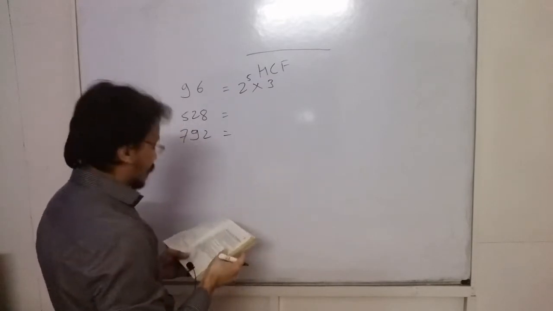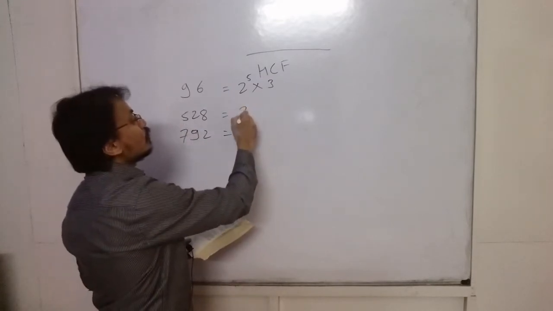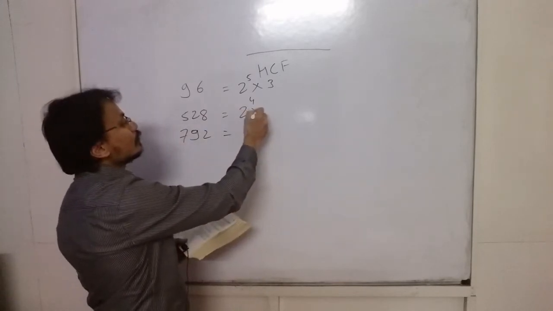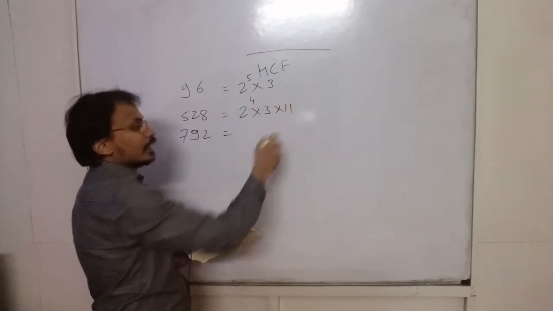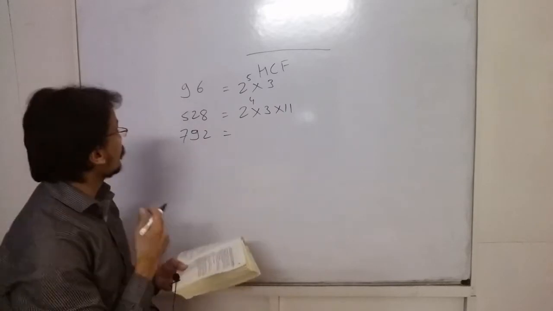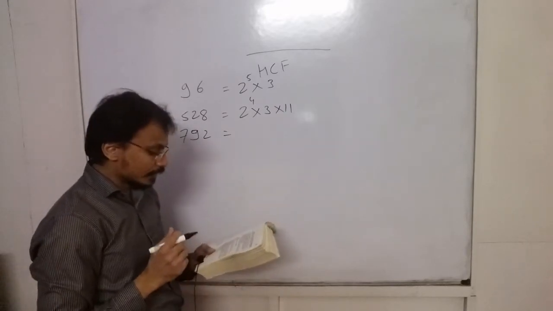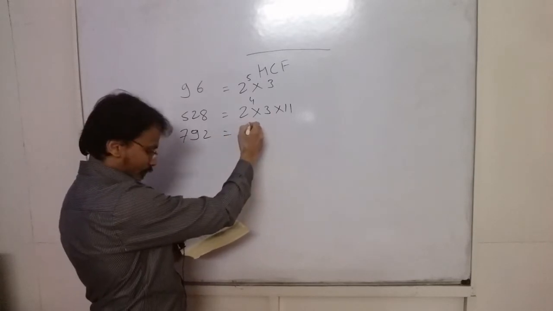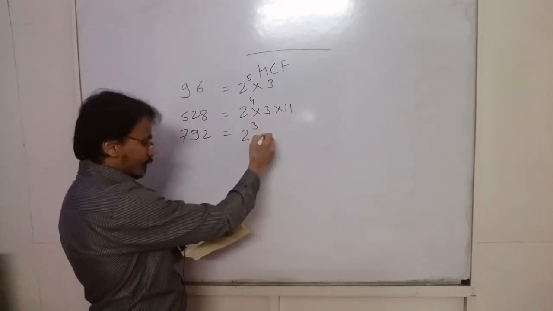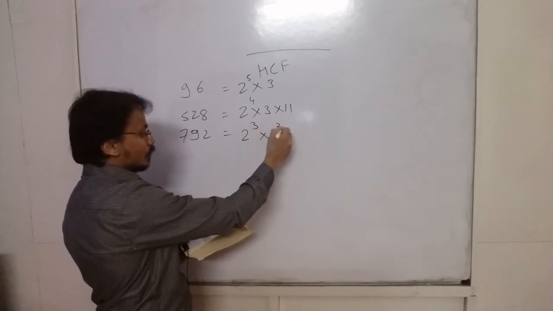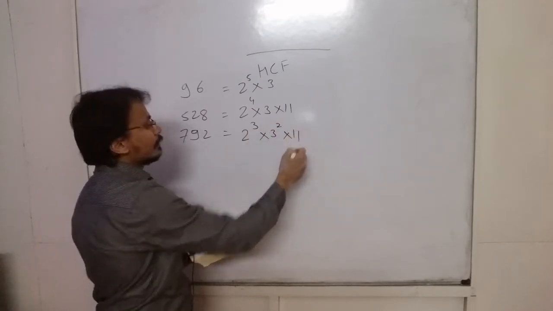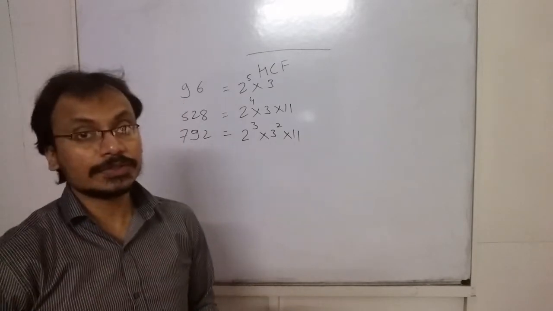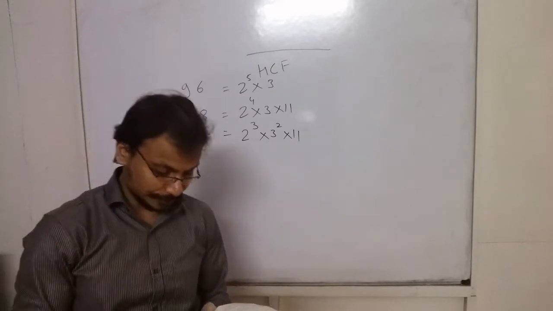And 528 is 2 raised to the power 4 into 3 into 11. These are the factors of 528. And 792, start factorizing: 2 cube into 3 square into 11. So these are the factors of all the three numbers that were given to us.